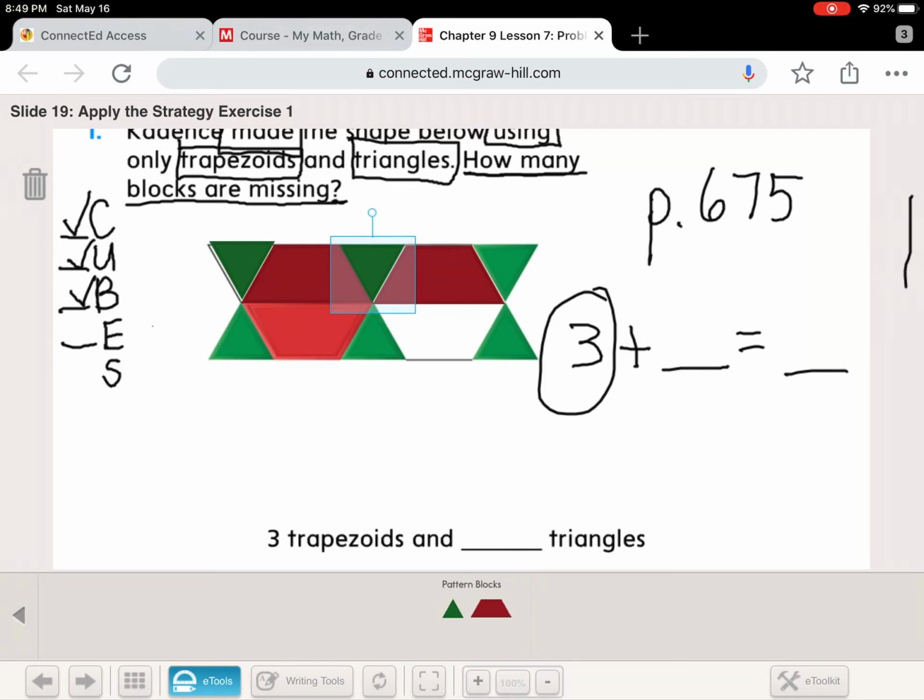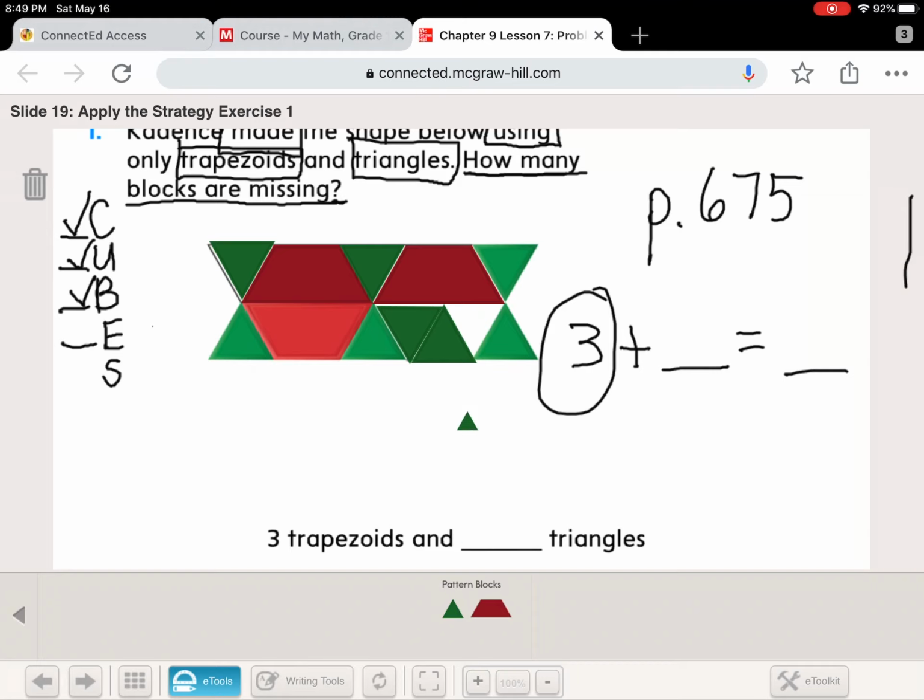Use your imagination to rotate the shape. And here's this white space. I wonder if I can get a triangle in there. Oh yeah, if I turn it on its side, I could get a triangle to fit right there and cover that white space completely. Let's get another triangle.